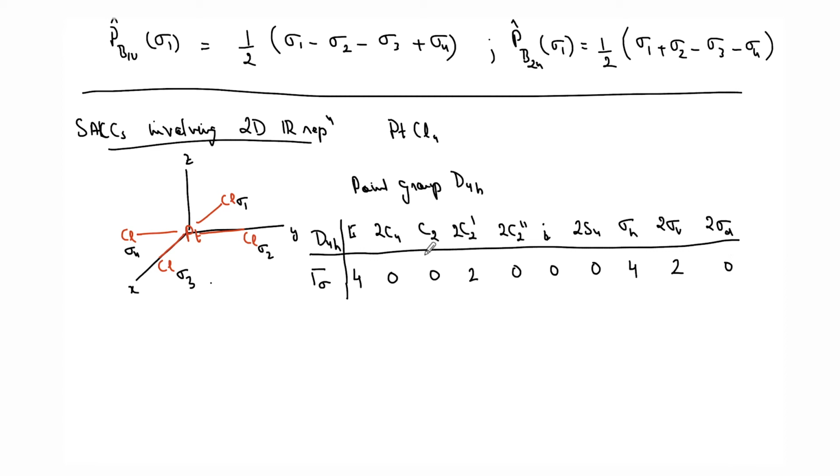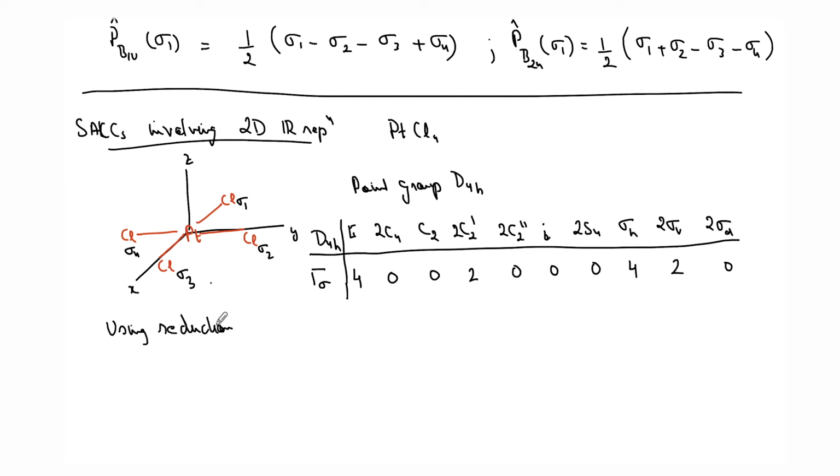Right? So without having to write the full matrix representation for each symmetry operation, we have very quickly written this by just looking at what s orbital moves under what symmetry operation, and so on and so forth. Okay. So now again using the reduction formula, we will reduce this to component IRs.